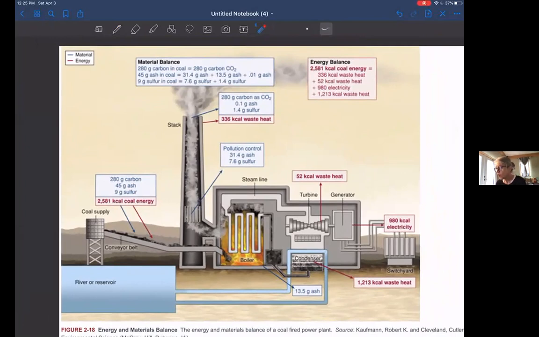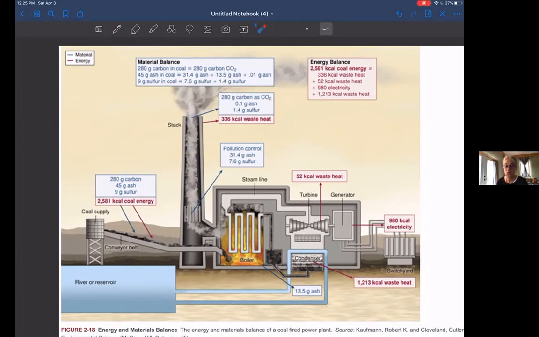So we take the coal and we feed it into a boiler, which is going to burn the coal and produce heat. That heat then heats up water. And so one of the things that you'll notice when you drive by one of these plants is that they are releasing steam, which also releases carbon dioxide into the atmosphere.